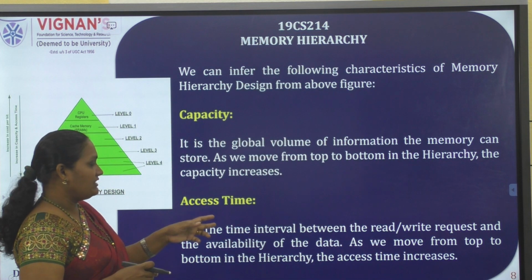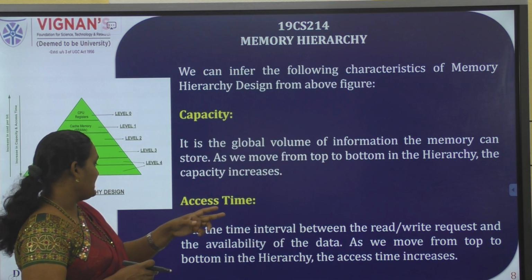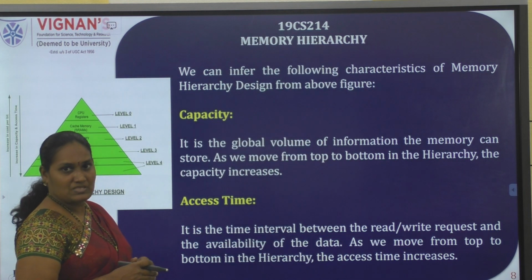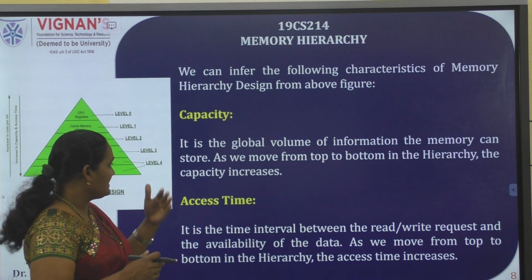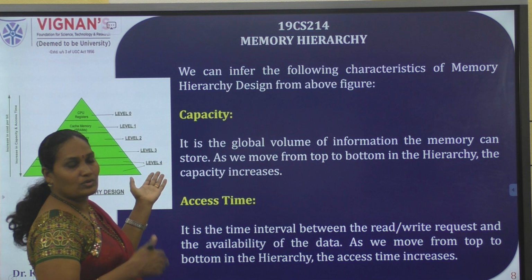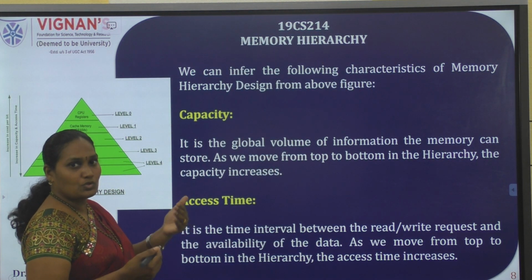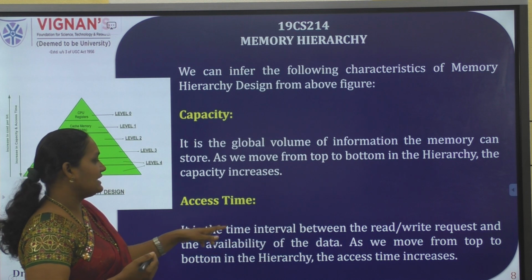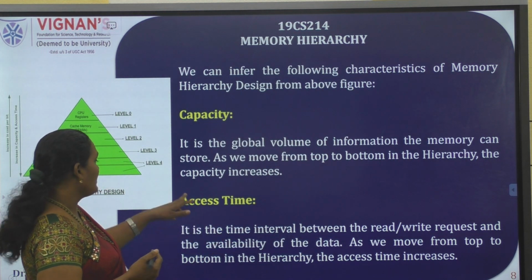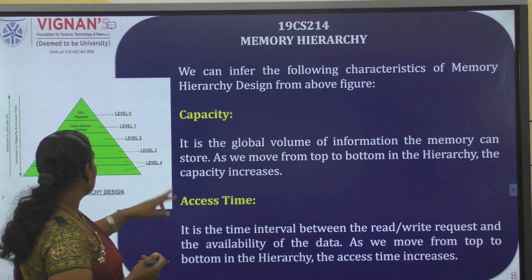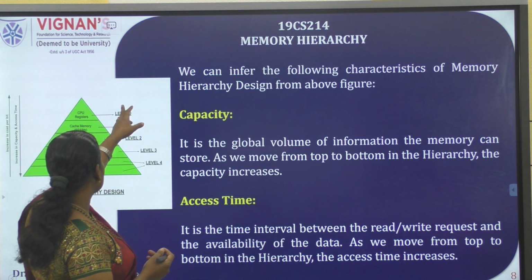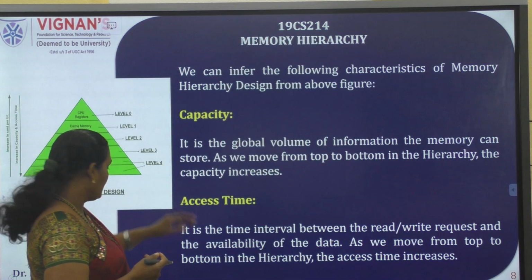It is the time interval between the read or write request and the availability of the data. First we request the memory device to read or write data. The time interval from that request to the availability of data is called access time. This access time also increases from top to bottom.